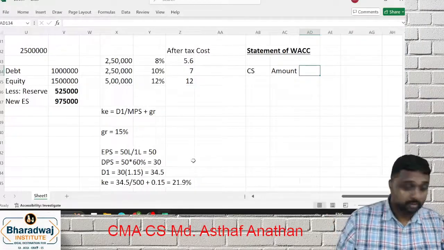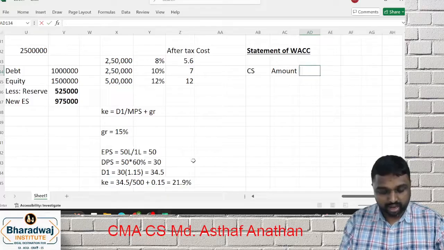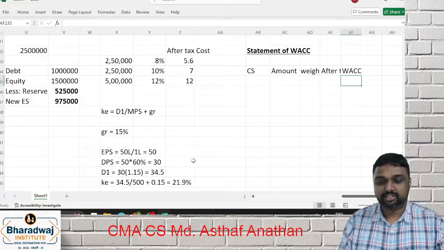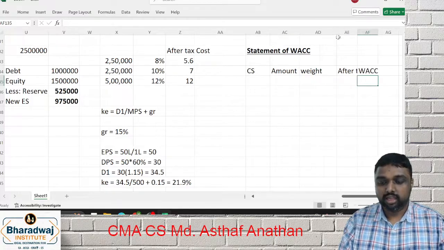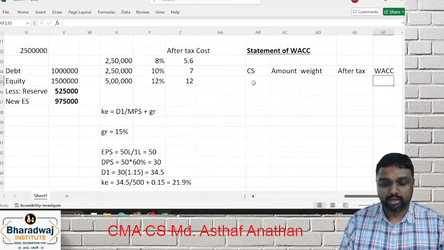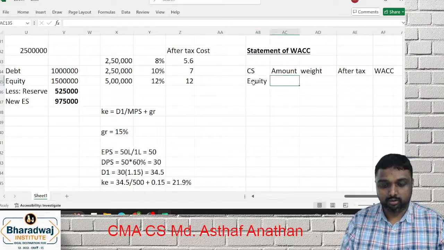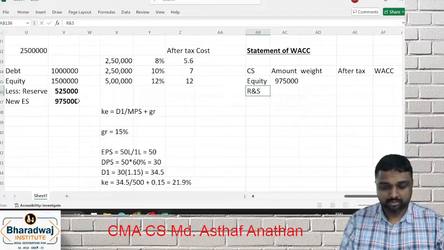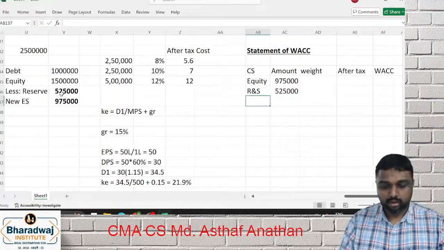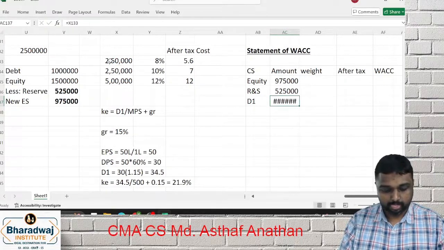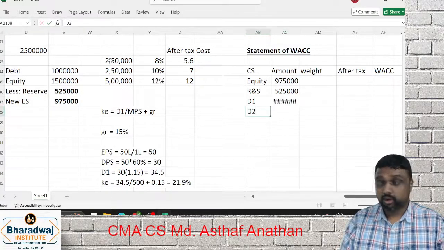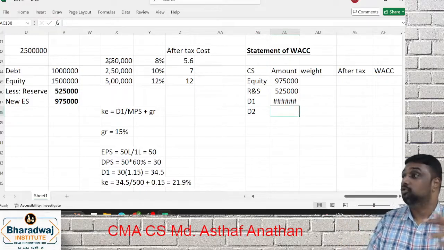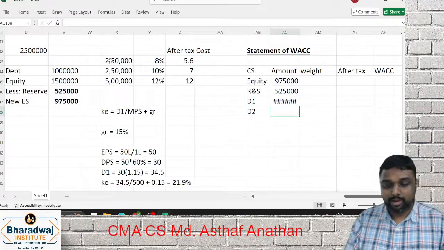We'll do it properly: the amount, weight, after tax, then weighted average. How will you do it, friends? If they ask combined, you do combined, but here it is not combined. Equity: what is the equity amount? 9, and the reserve. D1: debt 1 is 2,50,000. You can do this combined also. In the class we discussed how to do combined too. You can do combined if you want.